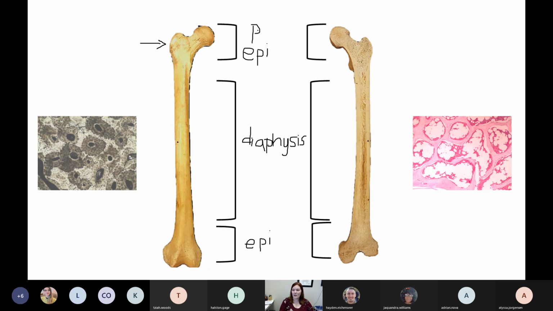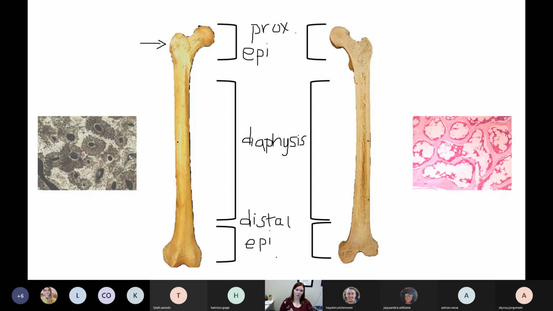This one up here is that proximal epiphysis. Remember that proximal means it's closer to the attachment site, which makes this one down here at the bottom the distal epiphysis because it's farther away from that attachment site. On the outside of a long bone, this is all we need to be able to label: the shaft and the proximal and distal epiphyses.